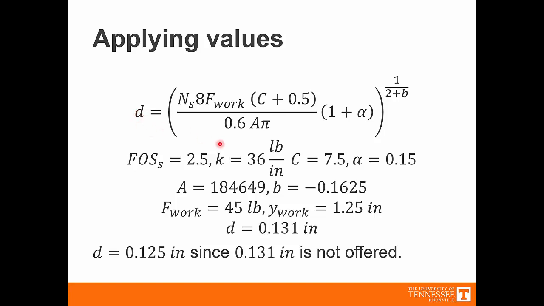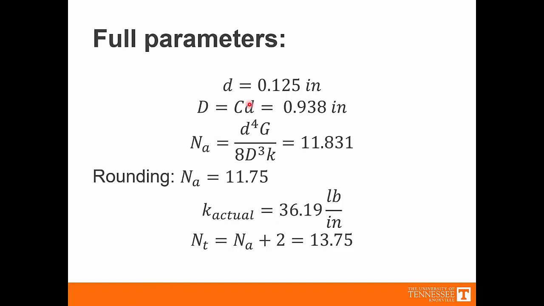Now that I've solved for a diameter and I've got an exact diameter, when I go to buy it at the store or at the manufacturing supply, they're not going to offer a 0.131 inch wire diameter. Instead, they're only going to be able to offer me the 0.125. So I'm going to have to make some corrections anyway. Starting with 0.125, plugging in for what my coil diameter should be, the number of active coils will be 11.831.